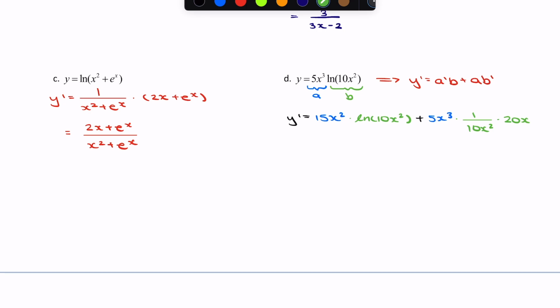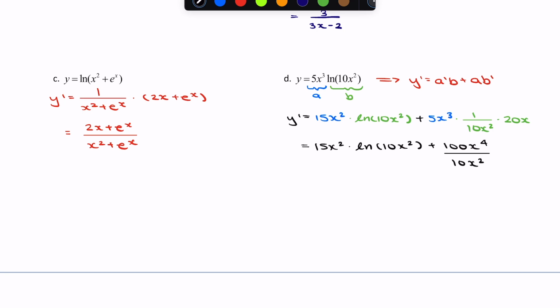So here, let's simplify a little bit. So here we'll have 15x squared times ln 10x squared, plus, so 5 times 20 will be 100, and we can add the exponents, so x to the power of 4 over 10x squared.